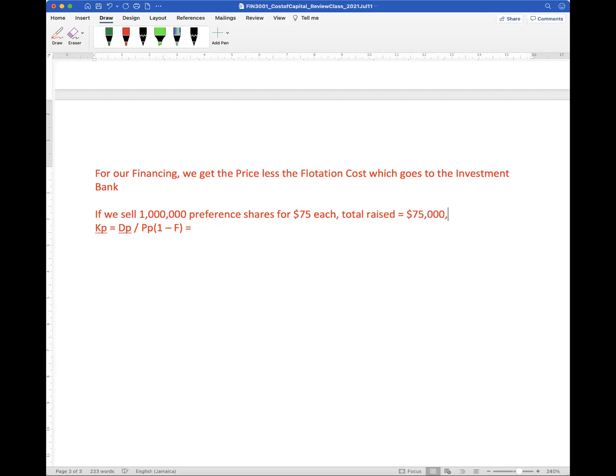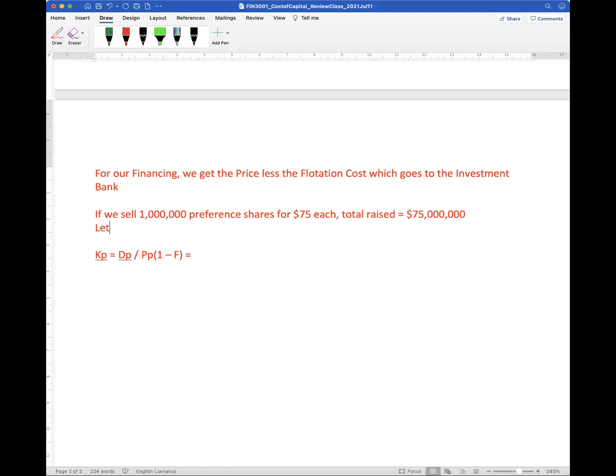Right. No trick there. We're just saying you sell 1 million preference shares and each one is sold for $75. How much money are you raising? 75 million. But at this point, we are ignoring flotation costs.